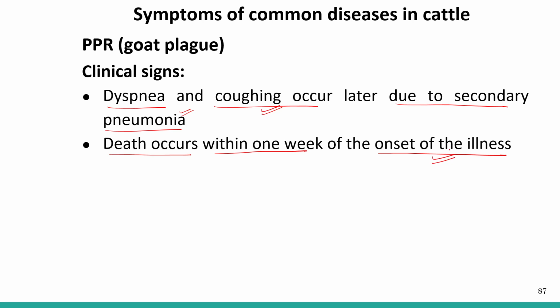So these are the different symptoms of the illness: dyspnea, coughing, secondary pneumonia, the nose and eyes infection, soreness of the throat. So all these are the different clinical signs of this particular disease, and later within a week the infected animal dies.